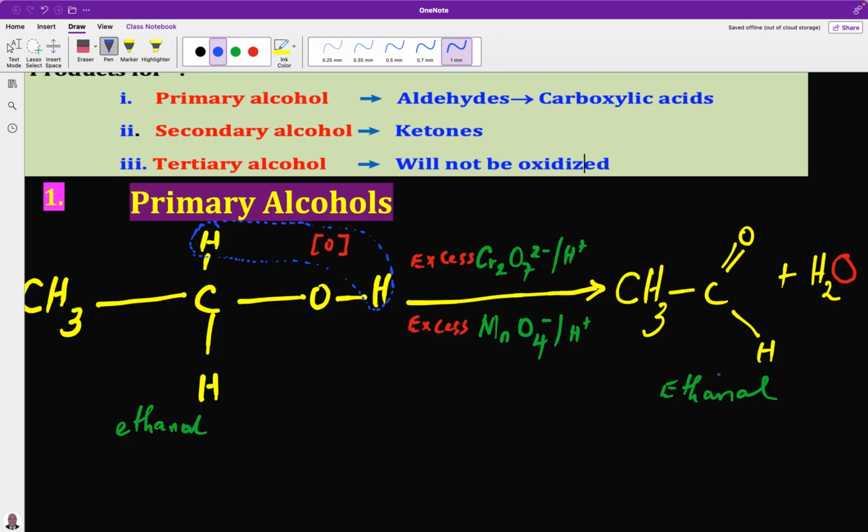If this product is not distilled immediately, it is further oxidized to the corresponding carboxylic acid, which is ethanoic acid.